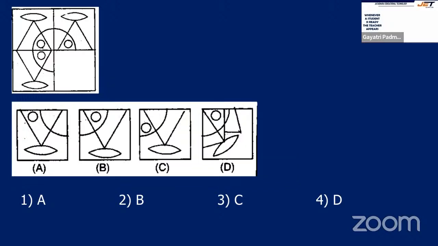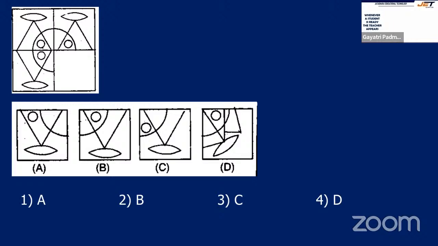Let's move on to the next question. Yes, you have option A, B, C, and D. All right, so which one is the correct option? Is it A, B, C, or D? Your 30 seconds has started.